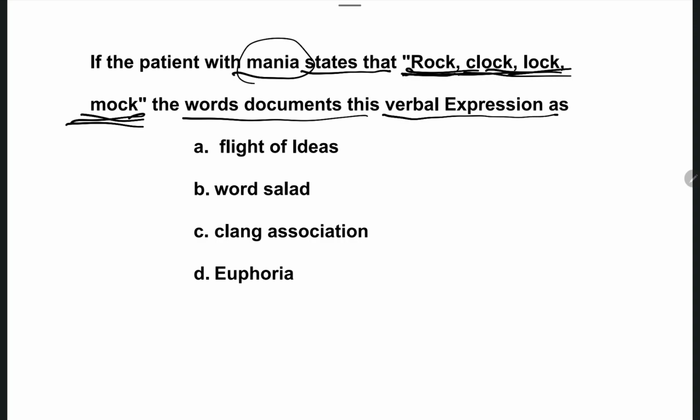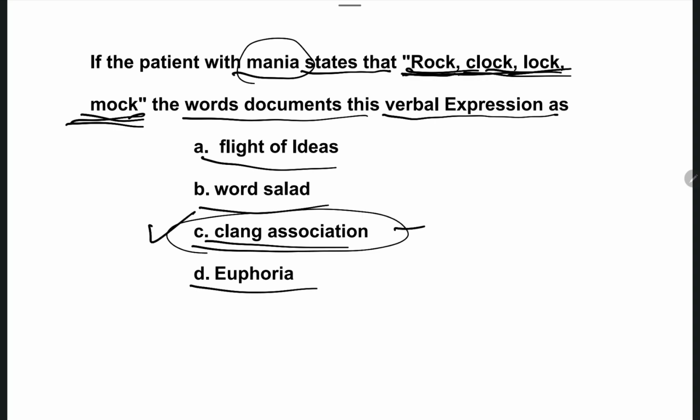So what is the meaning of this kind of words when the patient states them in a mania condition? Option A, flight of ideas. Option B, word salad. Option C, clang association. Option D, euphoria. The right one is option C, clang association.